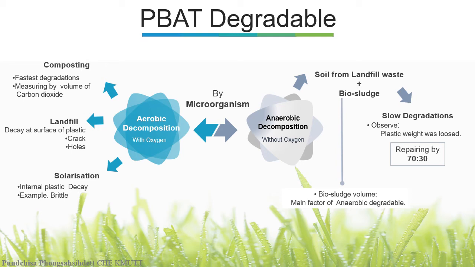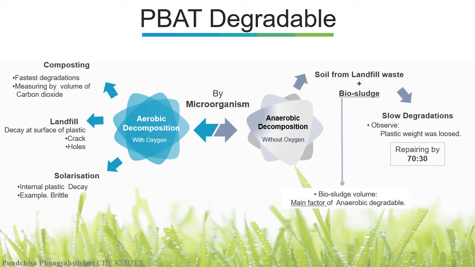Next is aerobic decomposition, which degrades with oxygen by composting, landfills, and solarization. Composting is the fastest degradation because of high oxygen, which can be measured from the volume of carbon dioxide.